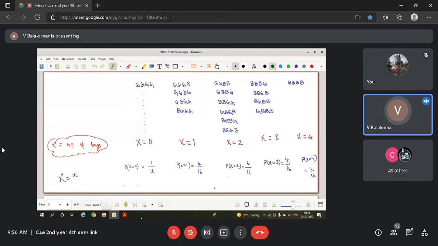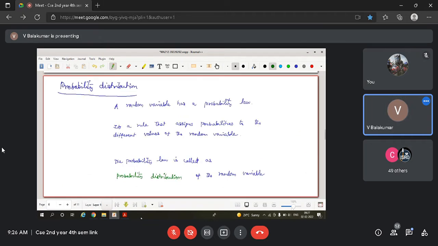You are not leaving any particular category. If you give me the complete information about the probabilities, that I call a probability distribution. Remember, complete information. Probability distribution is a rule that assigns probabilities to different values of the random variable.